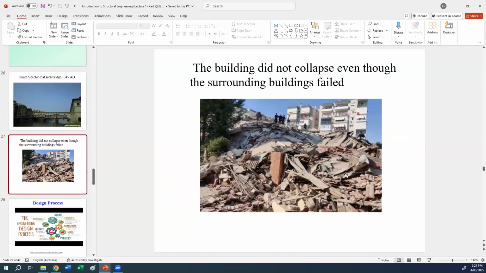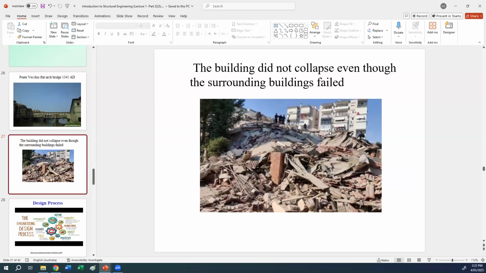As you can see here, here is another example of one of the good designs, here at the back. The building didn't collapse even though the surrounding buildings failed. For example, in some earthquakes or some bushfire events, some buildings collapse and you can find one or two buildings that stay stable without failure.